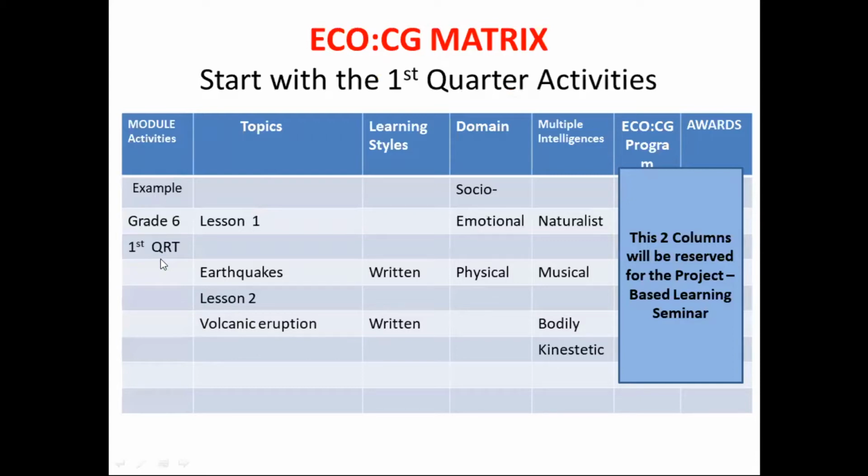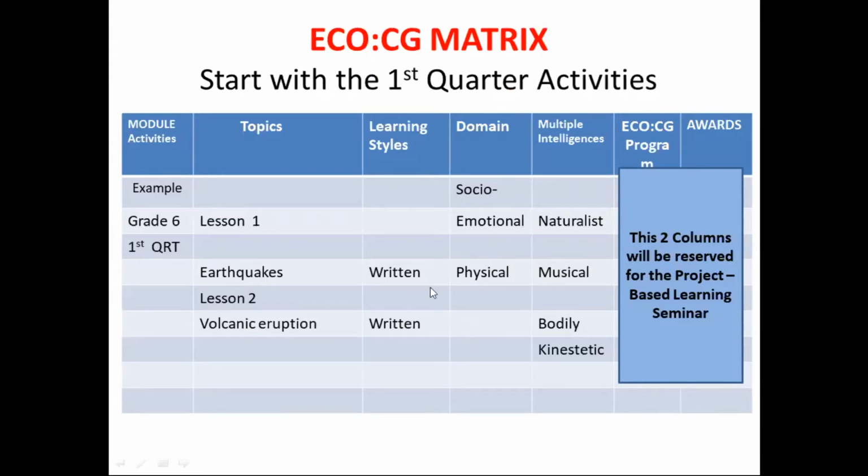activities. You need to put the details of the lesson, and then the learning style, you have to look into it. Are the lessons in your module written only, or oral, or kinesthetic, or is the domain only social, emotional, and physical?